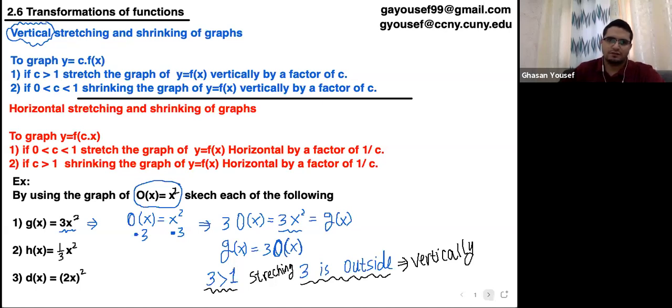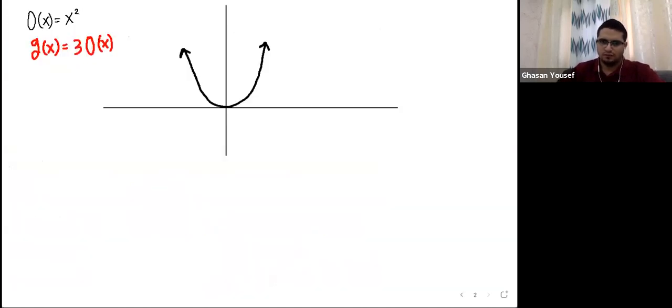Vertically means something like this, up and down. Here the same thing, down, up. This is vertically. And stretching means it should be far from the x-axis. So the graph will be like this.